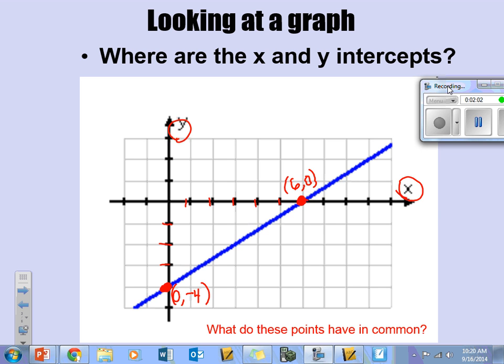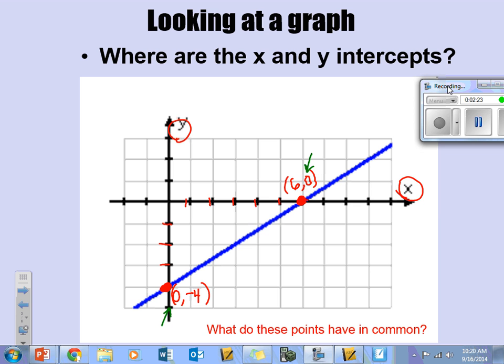What do these points have in common? What do these ordered pairs have in common? What they have in common is that they both have a 0 in their coordinate. The y-intercept has a 0 in the x part, and the x-intercept has a 0 in the y part.